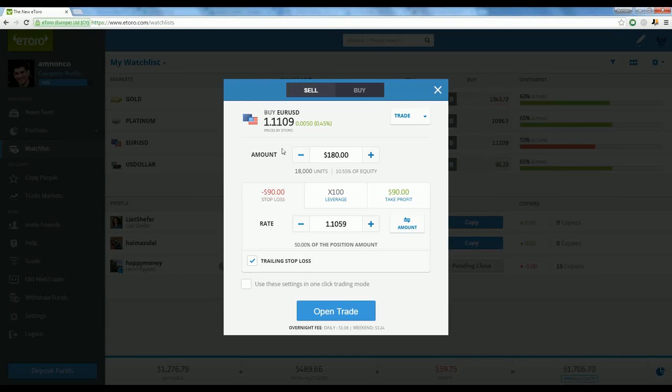The trailing stop loss now turns this pip difference into a fixed difference that will always follow the trade in the direction I'm trading. So if I'm buying, if the market moves in my favor, the stop loss will move with me as the market advances. So let's open the trade and see how it looks.